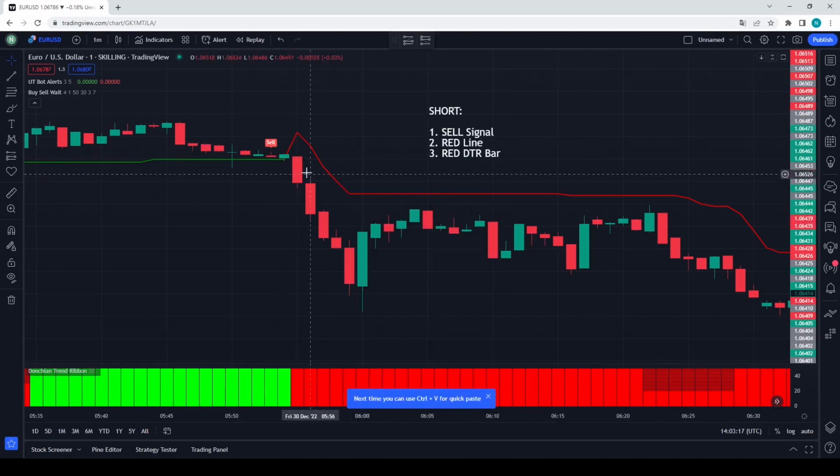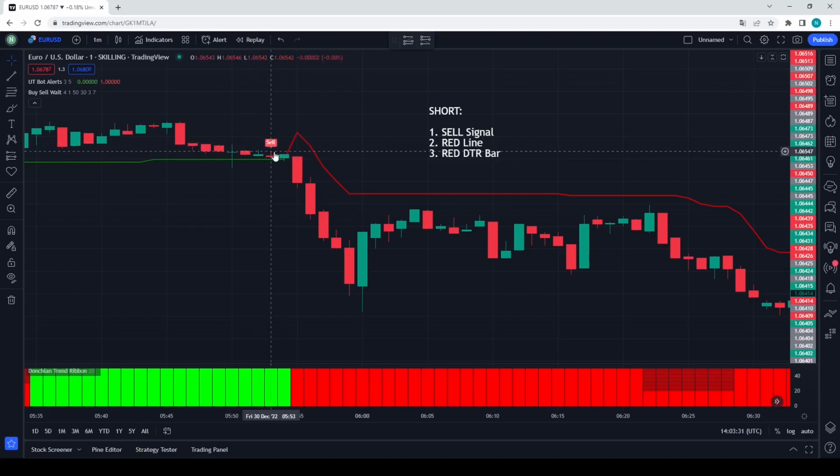And we got a very good example over here. As you can see, we get our sell signal over here, but the only condition which is valid right now is the sell signal. Neither the line nor the Donchian Trend Ribbon are red, so we will not start into the trade over here. We will wait until the line changes red, which is here, and in the same candle the DTR bar will change from green to red.